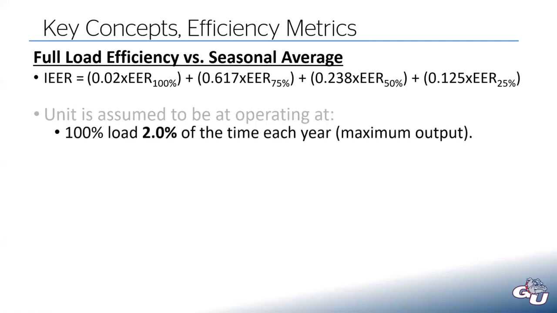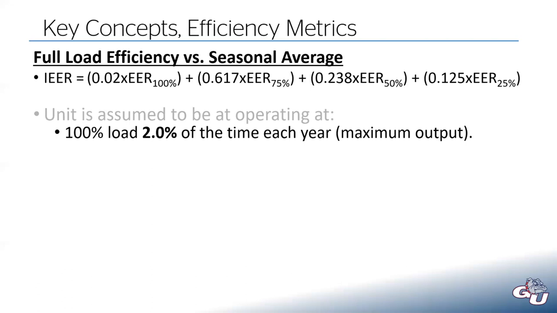So they're saying that they're only going to assume this unit's operating at 100% load 2% of the time each year. And that's not a lot, especially if we are talking about an air conditioner, which might only operate 3 months out of the year.